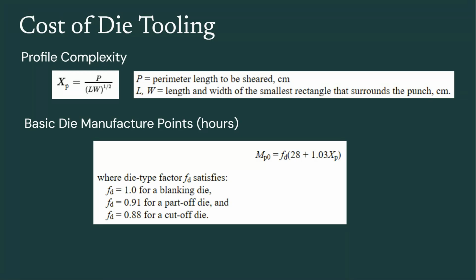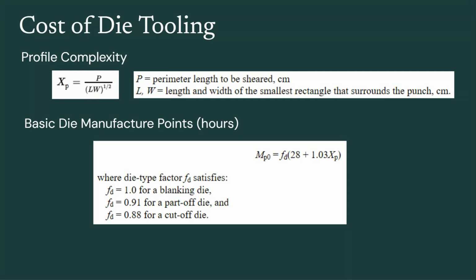Now, taking complexity and turning it into manufacturing hours depends on, once again, some empirical testing and relationships that have been found. 28 plus 1.03 times the profile complexity. And then there is a die type factor, FD. So we talked about the different types of dies.